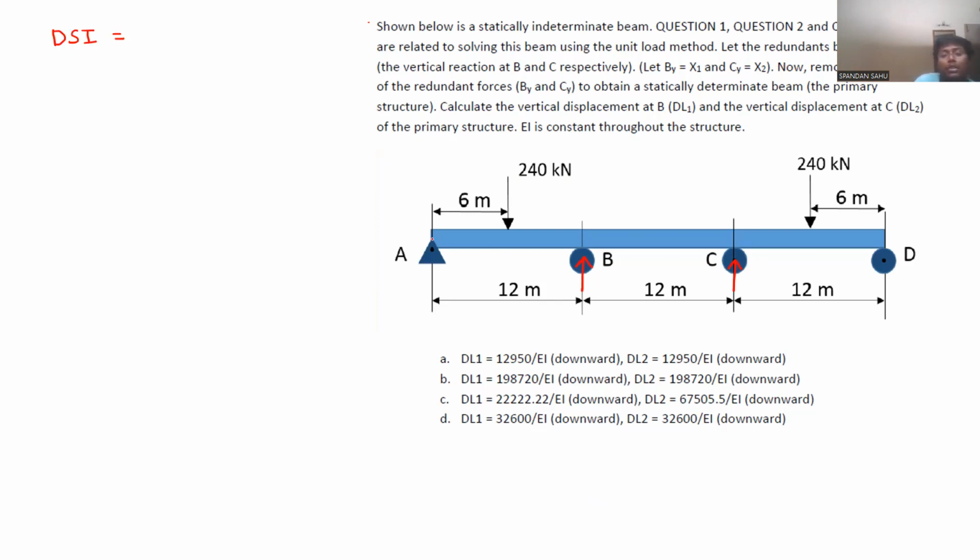DSI. So can you say what is the DSI of this structure?